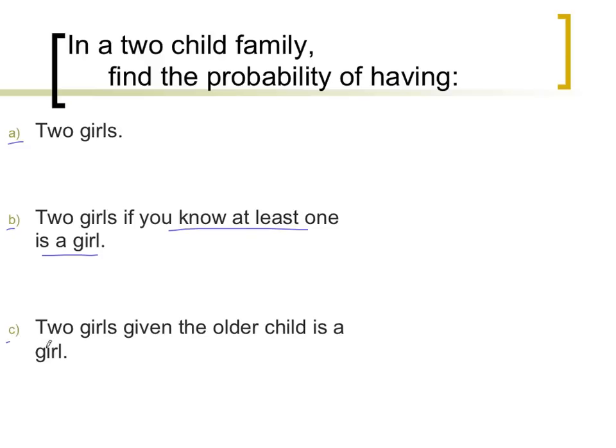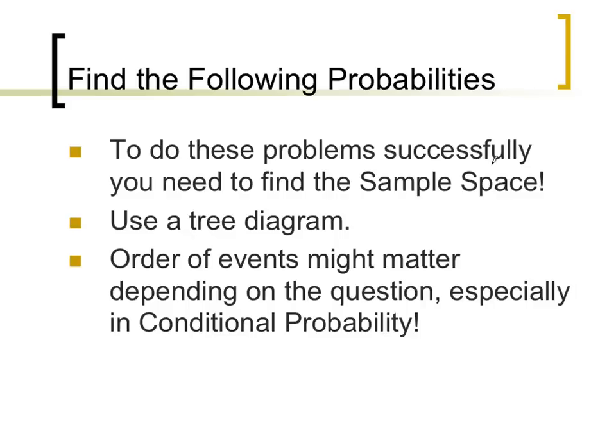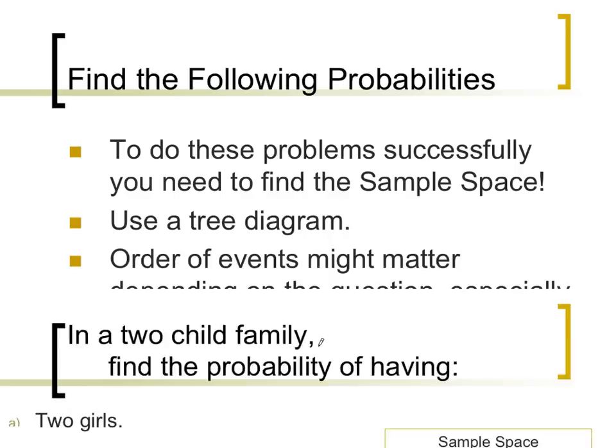And then in letter C, we know even more specific information, that the older child is a girl. To do these problems successfully, you need to find the sample space. And for this, we're going to use a tree diagram. It's important that order of events might matter depending on the question, especially in conditional probability. So we need to make sure we keep these events in order.